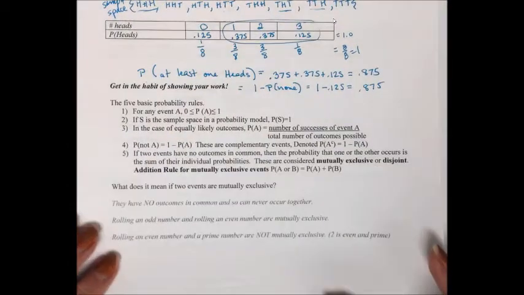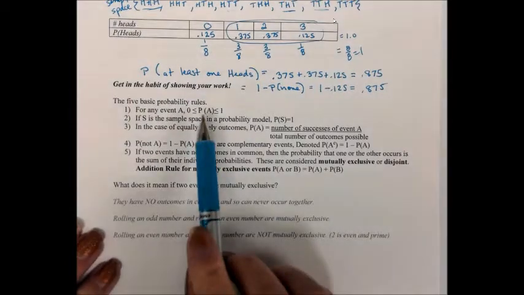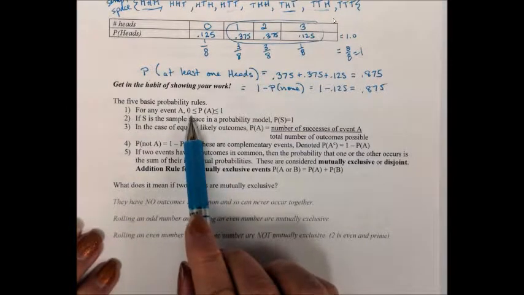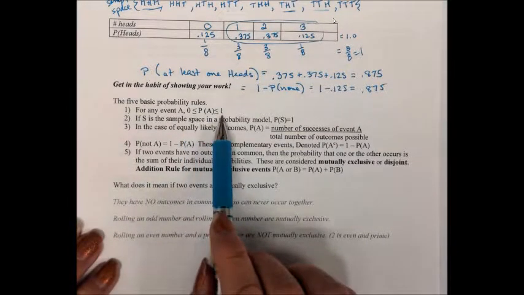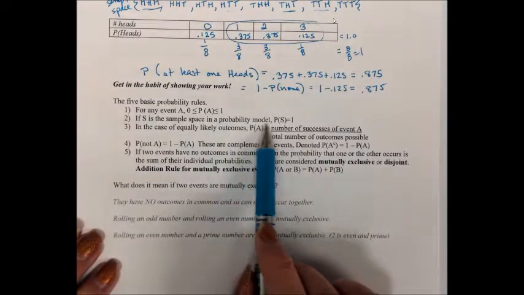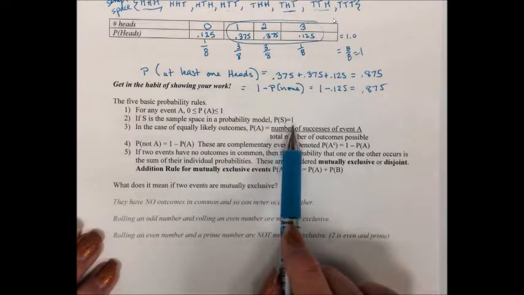So we've got 5 basic rules that are talked about already. The probability of any event has to be between 0, impossible, and 1, guaranteed. If S is the sample space in the probability model, all the probabilities should add up to 1. Everything should be represented.